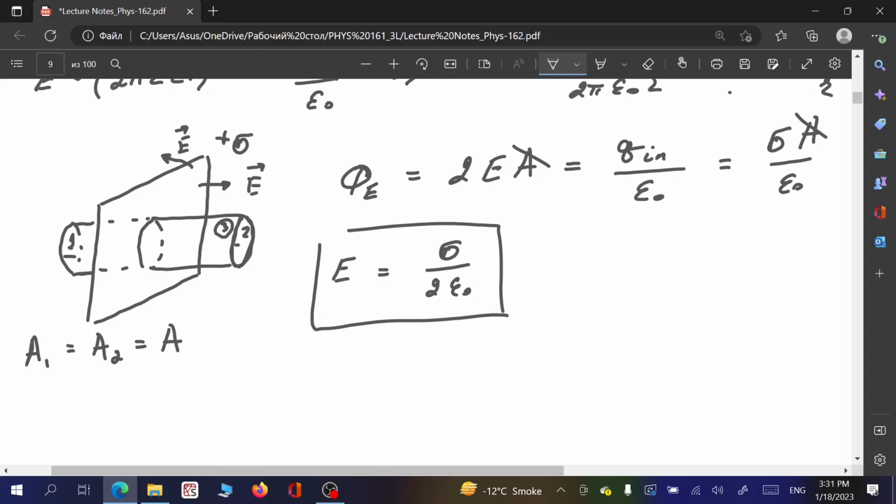If you have a conductor with plenty of these mobile negative charges within its bulk, but it stays in electrostatic equilibrium, so we don't create any electric current, there are certain conditions which are fulfilled for such systems.